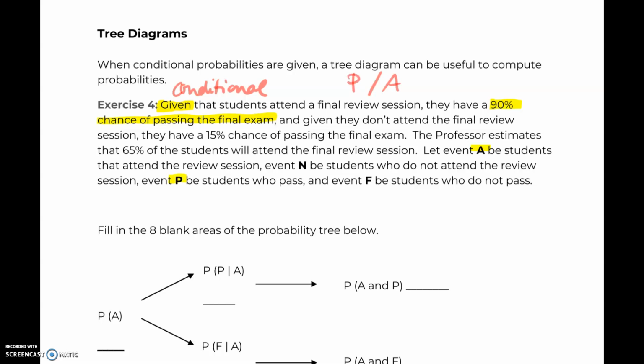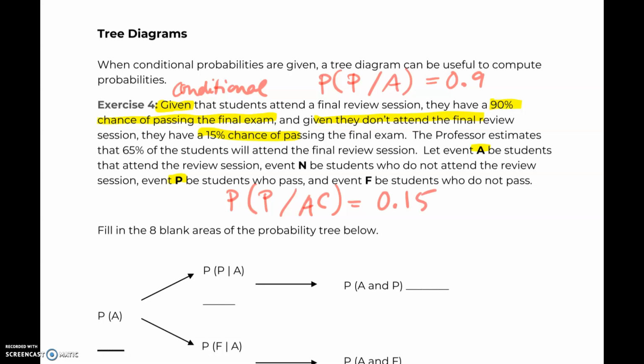So we have the probability of P given A is equal to 90%. Given they don't attend, so this is given A complement, they're not attending, they have a 15% chance of passing. So this is the probability of P given A complement, which is 0.15.